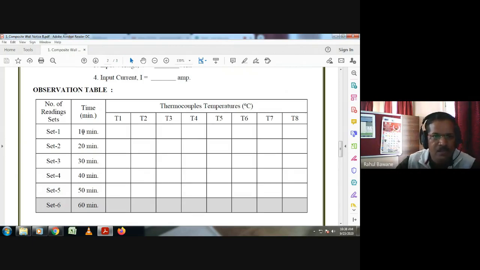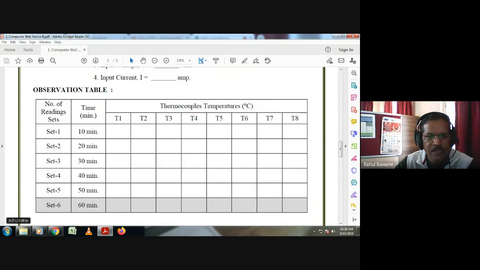So after those 30 or 40 minutes, this is the first set, with temperatures T1 to T8. Then the second set after 10 minutes, and then after each 10 minutes we have to note down, and in such a way we repeat the process for 5 to 6 sets, and the last set will be the most steady state condition. Correct?